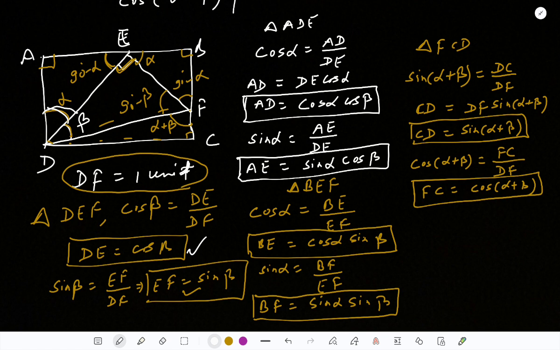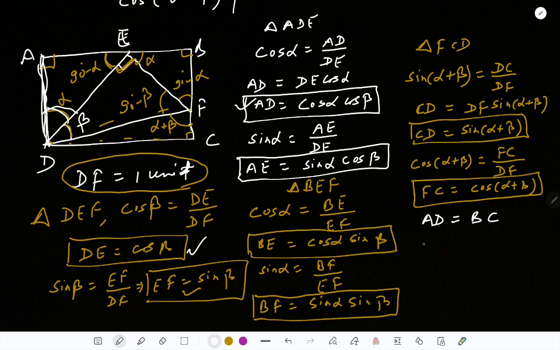You can see here our result, if you consider this AD, this AD is equal to BC, and we have the value of AD. So just think about it, AD will be equal to BC, right?